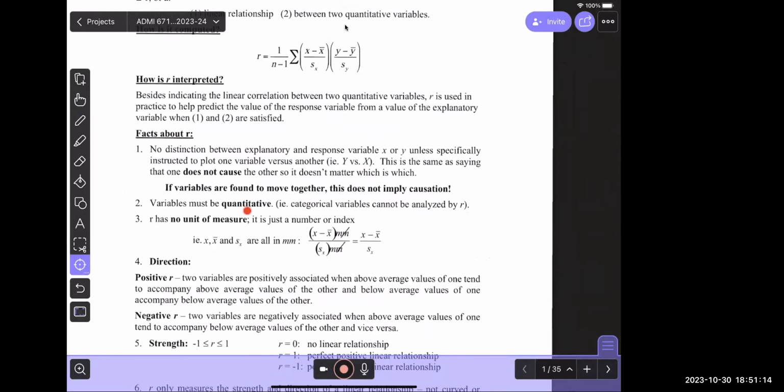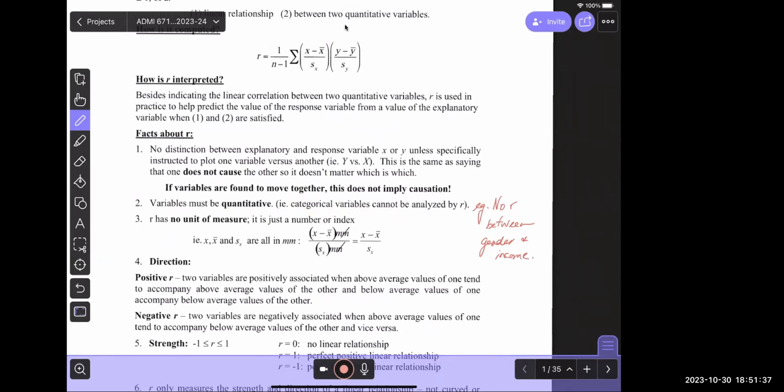So the variables must be quantitative. They cannot be categorical. In other words, you cannot find a correlation between gender and income, for instance, because gender is a categorical variable.